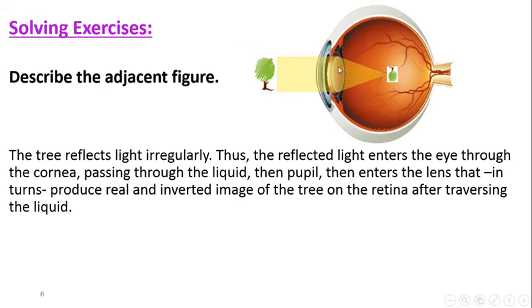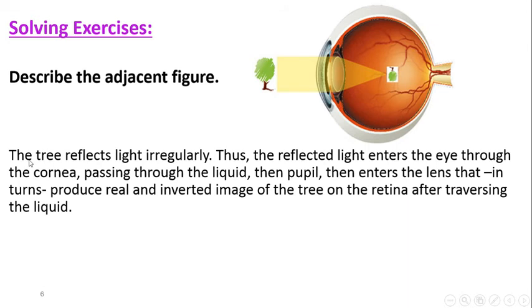So this lens will produce a real inverted image of the tree on the retina. Real and inverted image on the retina after passing through the liquid. This is the liquid and this is here the retina.